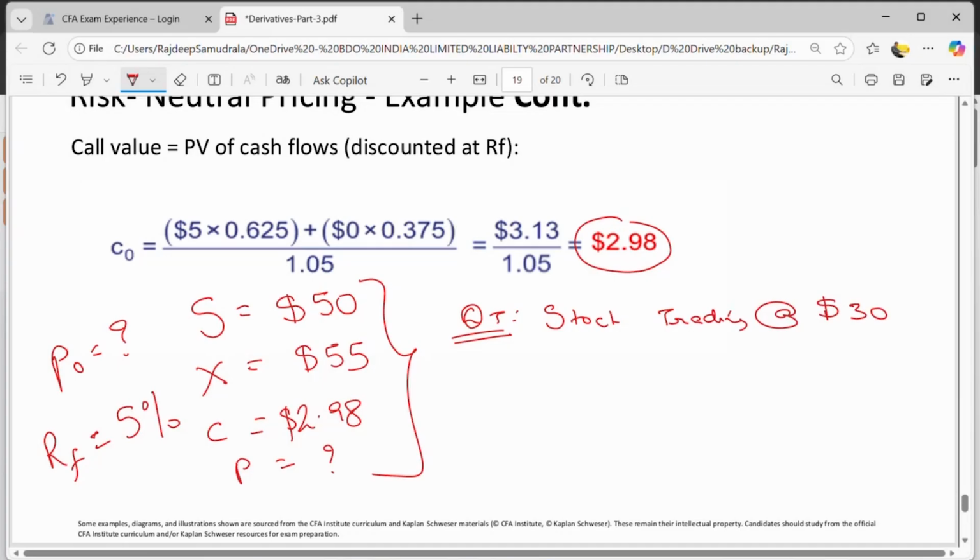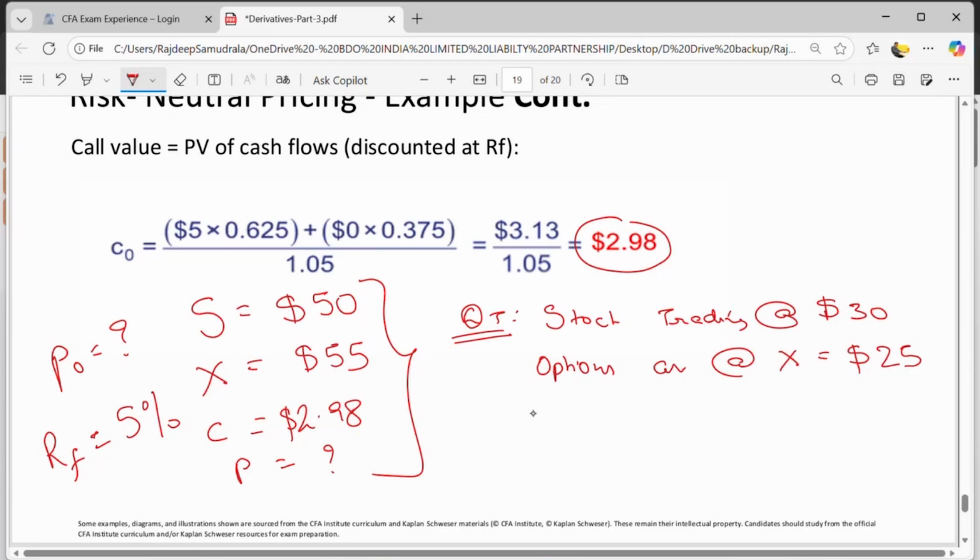Options are available at an exercise price of $25. Now, obviously, $25 means a call option is deep in the money, but a put option will be out of the money, right?